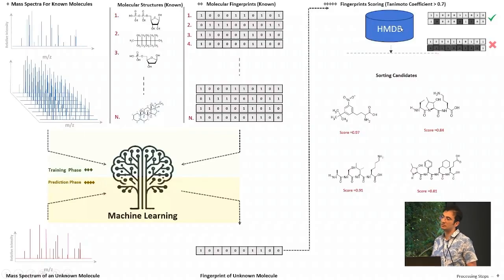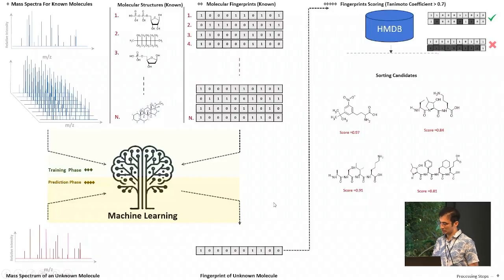For example, for HMDB, the Human Metabolome Database, we have about 200,000 molecules. We can calculate these fingerprints for all of the HMDB, or even PubChem, which is the largest database of known molecules and includes 100 million molecules. We can calculate those fingerprints and then search inside these databases easily, sort the candidates based on different similarity measures, and identify an unknown molecule.